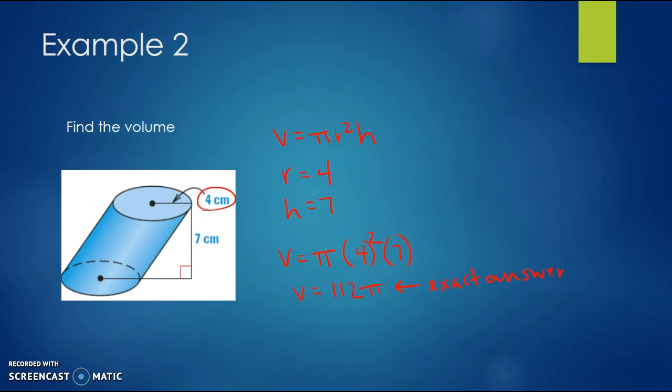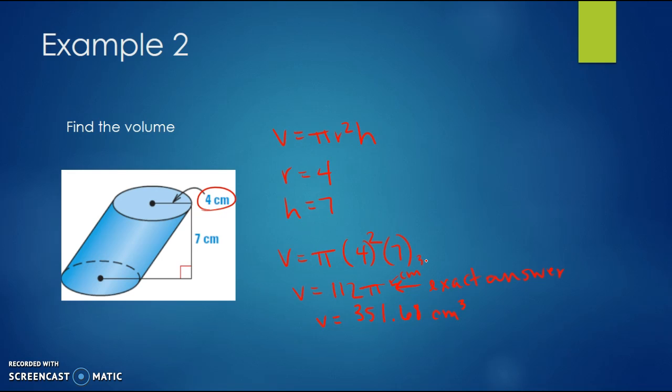Now, if it told you to use 3.14 as pi, from there we would just take 112 times 3.14, and so then our answer becomes 351.68.